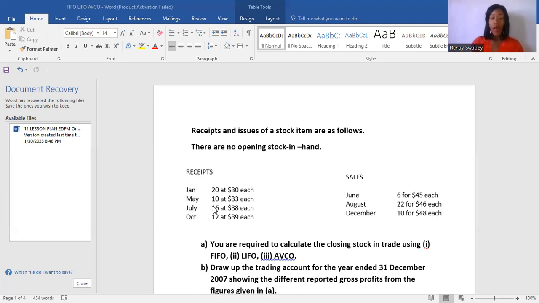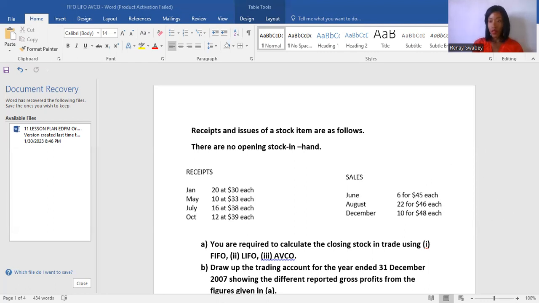This is a company, and the owner of the company, Patsy or Selena, has produced our stock items, the receipts and the issues for our stock items. Now, this is what it looks like. And the question says there is no opening stock in hand. So we don't have any opening stock.